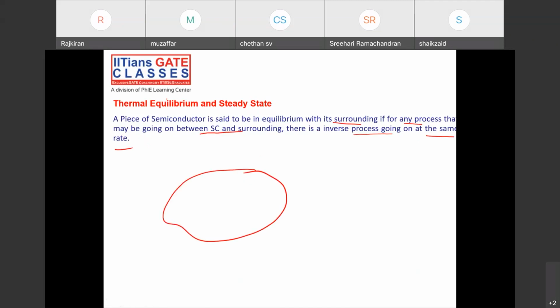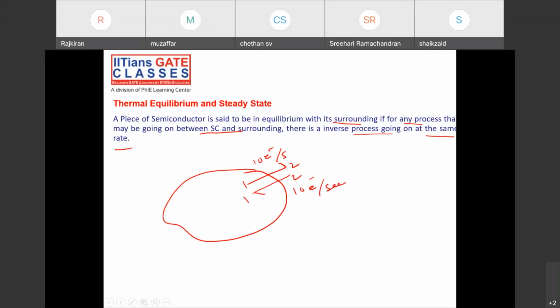What do you mean by thermal equilibrium? If there is any process going on between semiconductor and surrounding, suppose there are 10 electrons going per second from 1 to 2, then exactly 10 electrons should come from 2 to 1 at the same rate in 1 second.